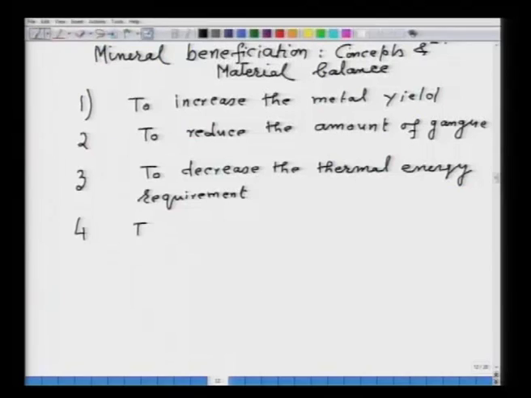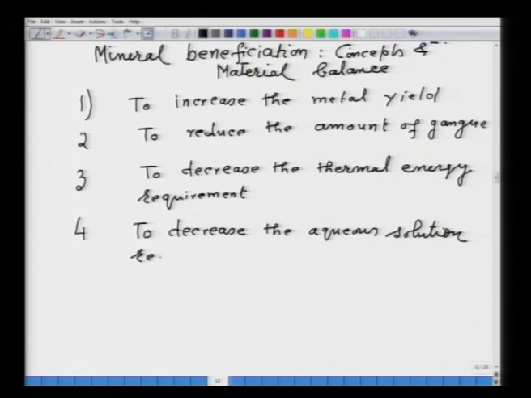So, by increasing the metal grade of the ore, you will be able to decrease the aqueous solution requirement in the hydrometallurgical route. So, these are some of the benefits of increasing the metal grade of the ore.